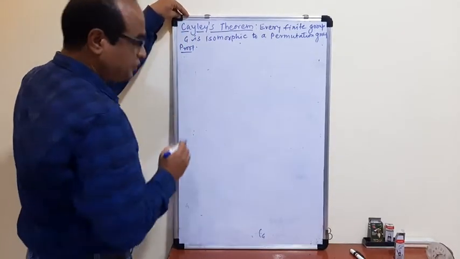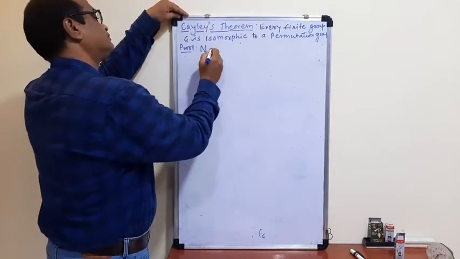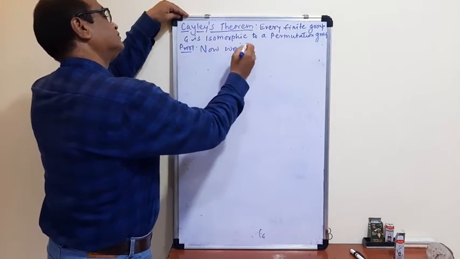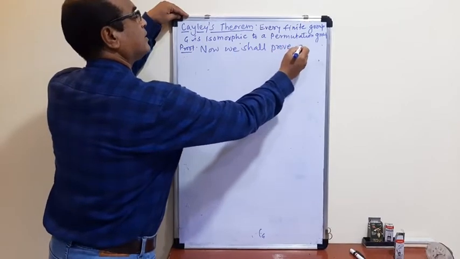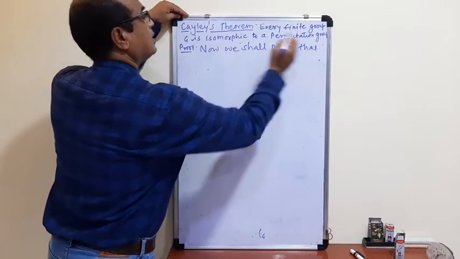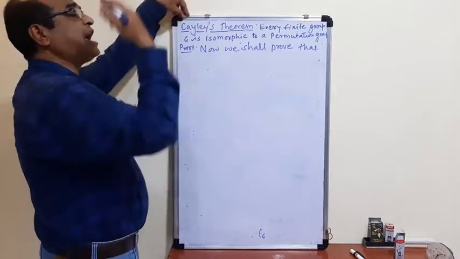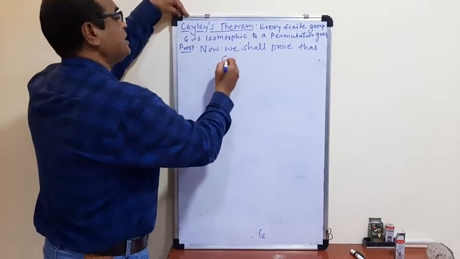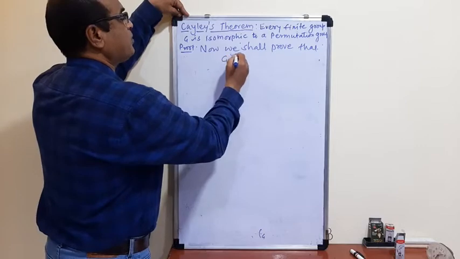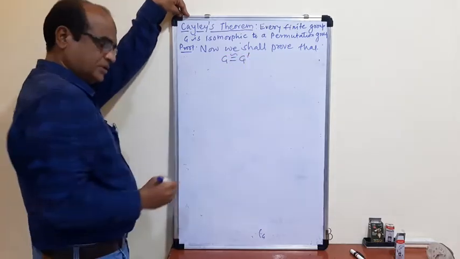Okay. So now we shall prove that every finite group G is isomorphic to a permutation group G dash. So we shall prove that G is isomorphic to G dash.